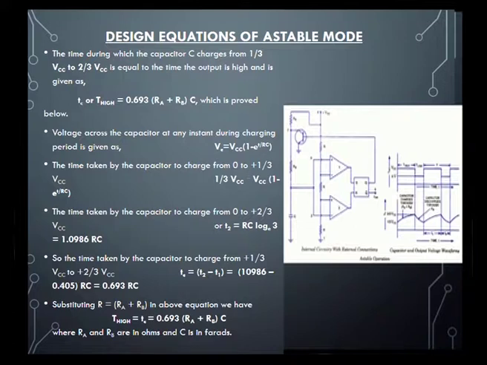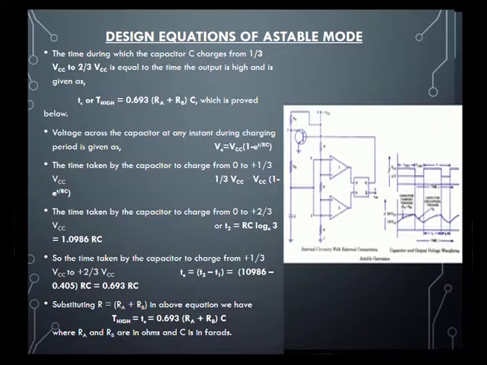So the time taken by the capacitor to charge from 1/3 Vcc to 2/3 Vcc, which is TH, is given by T2 minus T1, that is 1.0986 minus 0.405 Rc, equal to 0.693 Rc. This is what we needed to derive, and it comes from all these three steps.